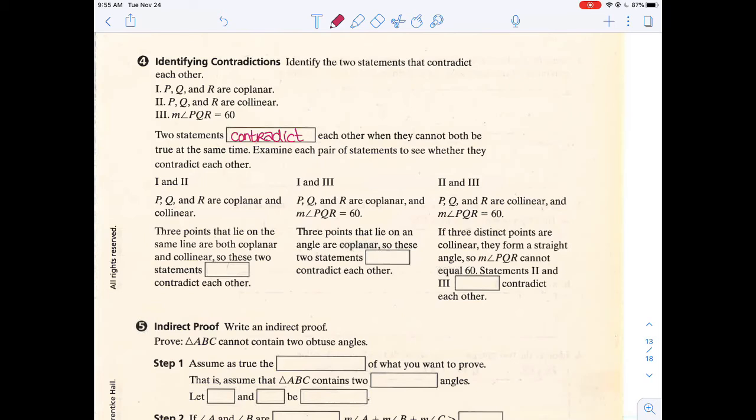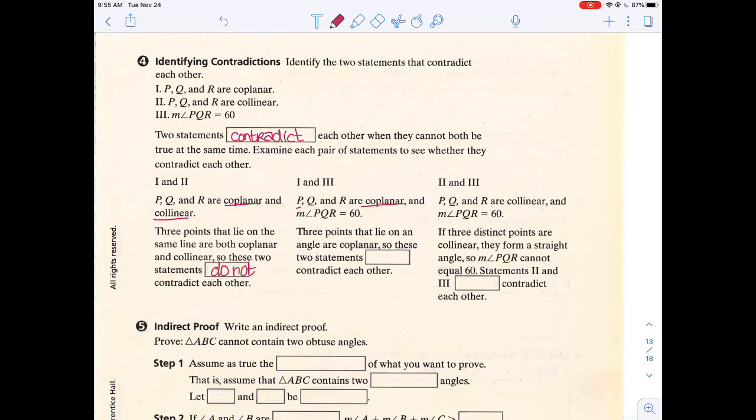So we're going to look at each statement. 1 says P, Q, and R are coplanar, 2 says P, Q, and R are collinear, and 3 says the measure of angle PQR is 60. So coplanar and collinear. 3 points that lie on the same line are both coplanar and collinear. So they can do that, so these statements do not contradict each other because a line can be in a plane.